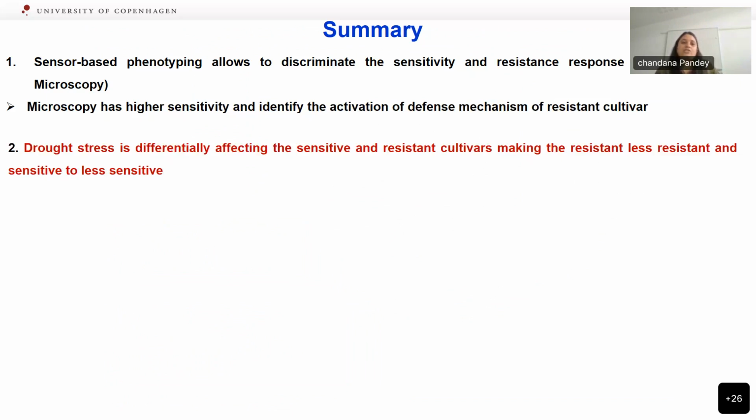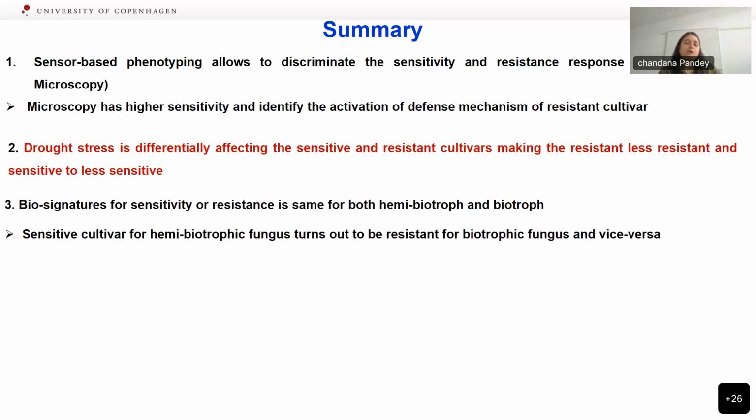Second, drought stress differentially affects the sensitive or resistant cultivar, making resistant less resistant and sensitive less sensitive. Third, the biosignature for sensitivity or resistance is the same for both hemibiotroph and biotroph. Meaning we find the same higher reflectance in both Pyrenophora teres and Blumeria graminis sensitive cultivar.